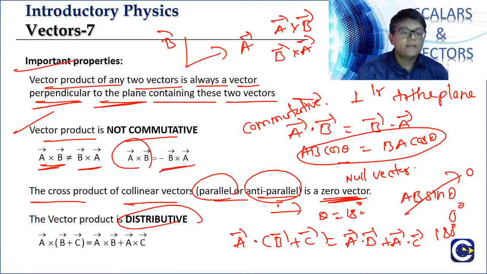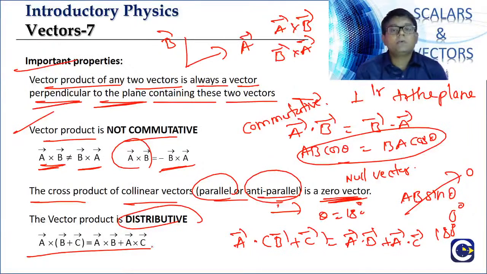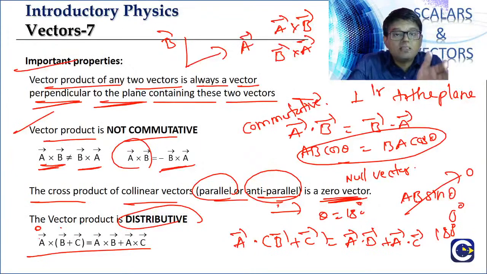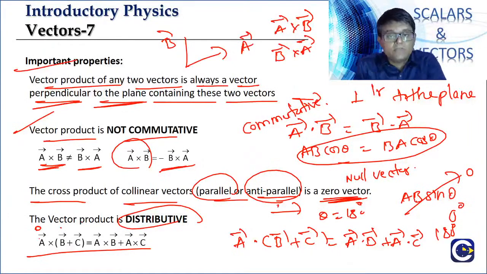In the same way, the distributive law can be used in the cross product also. If we have A cross (B plus C), when we use the distributive law, we multiply A with each of the terms inside the bracket.